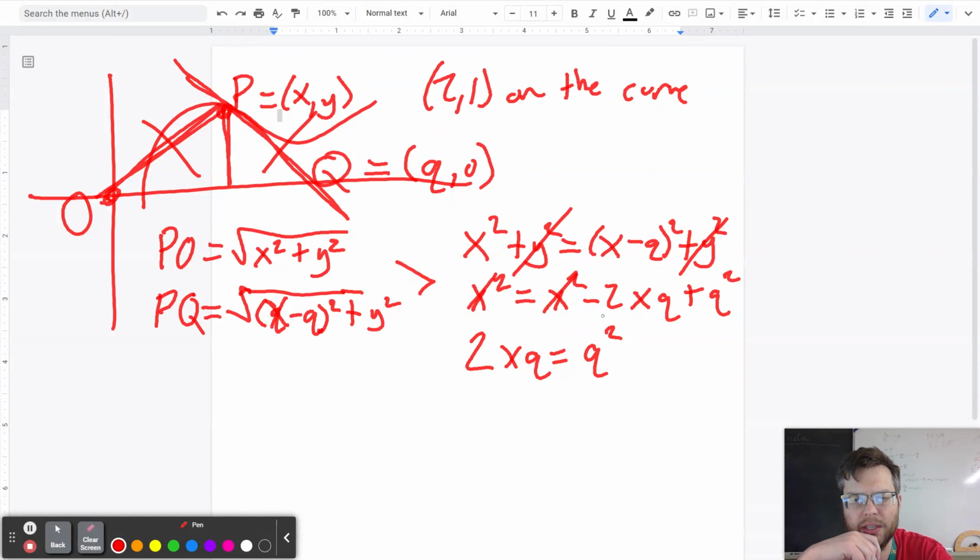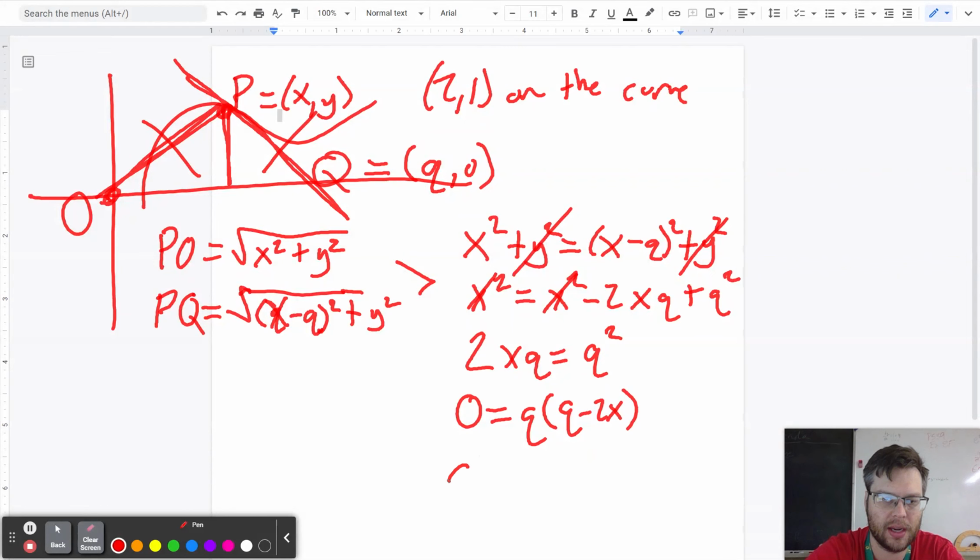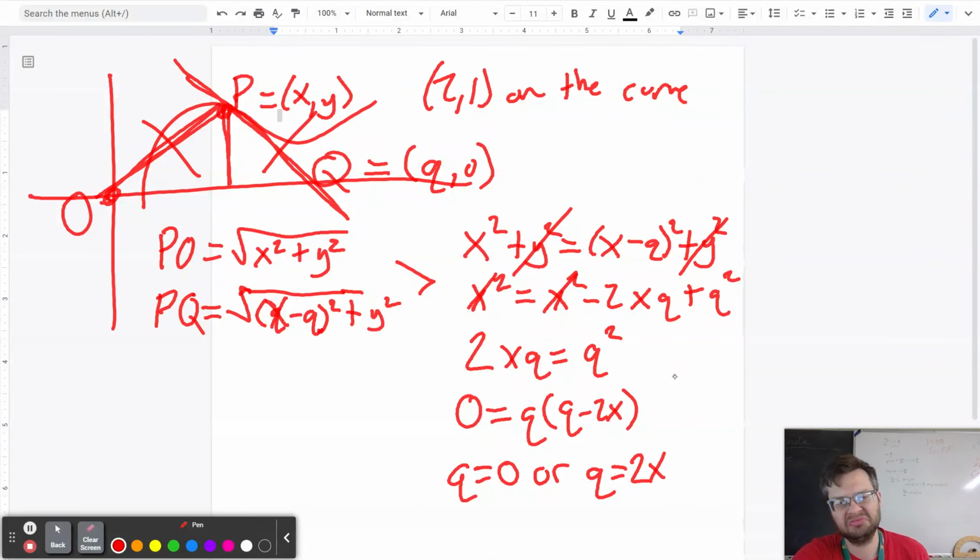Or I guess if we wanted to factor it, I'm not 100% sure where we're going, but I could say 0 equals q times (q minus 2x). So our two solutions would be that q is equal to 0 or q is equal to 2x. Let's just see. I don't even know if we're going to use that.